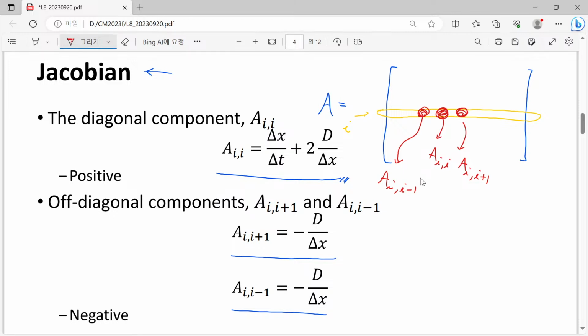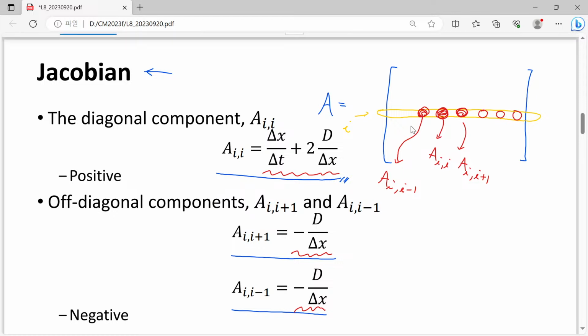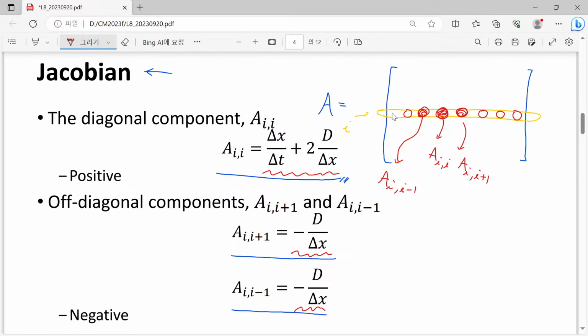Yes, they are non-zero and their values are given here, here, and also here. Then how about this one? This one is exactly 0. This one is exactly 0. All other components in the ith row of our Jacobian matrix really vanish.